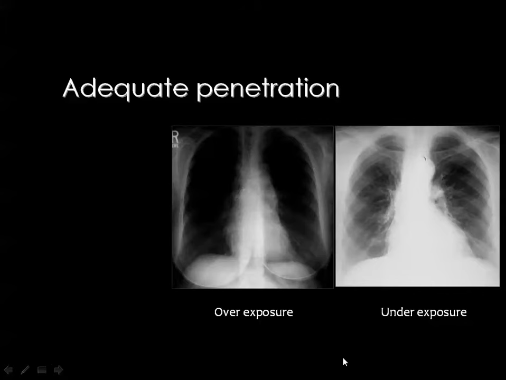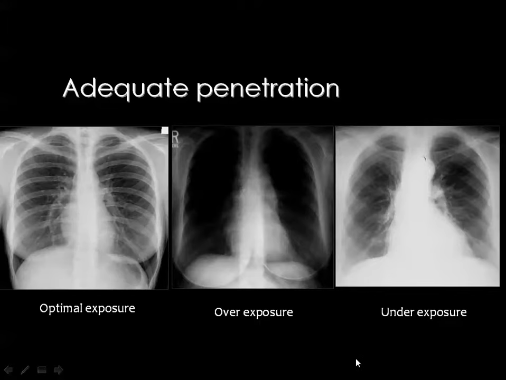If you look at the chest X-ray, you can easily appreciate if this is a well exposed film, or an overexposed one like this, or underexposed like this. Optimal exposure will display the lung fields, the lung markings, the cardiac shadow, and the costophrenic angles.